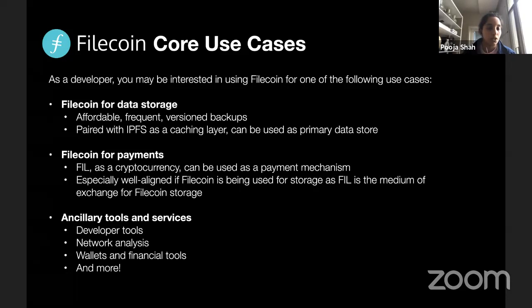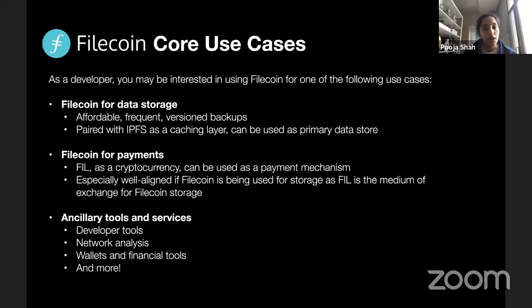really suitable for affordable, frequent, and versioned backups of the data being stored. I mentioned backups instead of hot storage because of Filecoin's cryptographic proofs. It's not the hottest storage layer that you could use today. IPFS is a much hotter storage layer. So if you're using Filecoin alone for data storage, generally developers will use it as a backup layer.